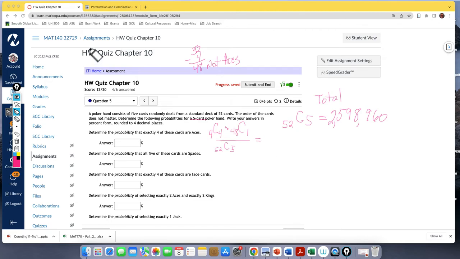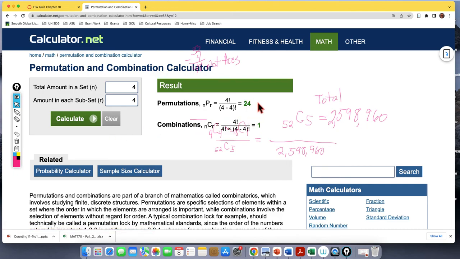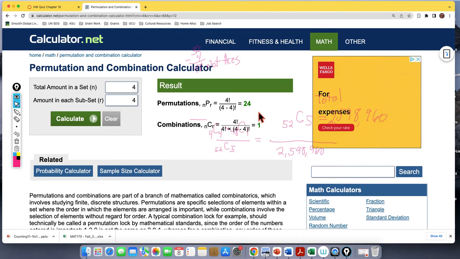And so now we're ready to do the calculation. We've done the bottom part already, so that's 2,598,960. We're going to do 4 choose 4, and that might be an interesting number. How many ways do you think this is going to give you? If it was a permutation, there'd be 24 ways, because the order is important. But when order's not important, if you've got 4 and you're going to choose all 4, there's only one way to do that.